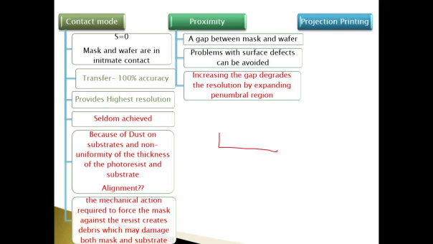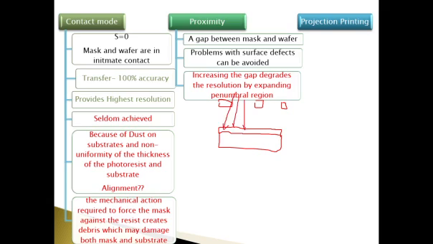You have a substrate over which a photopolymer film is coated, and there is a mask over here. If the mask is at a very high distance from the photoresist film, the light incident will travel in a direction like this.